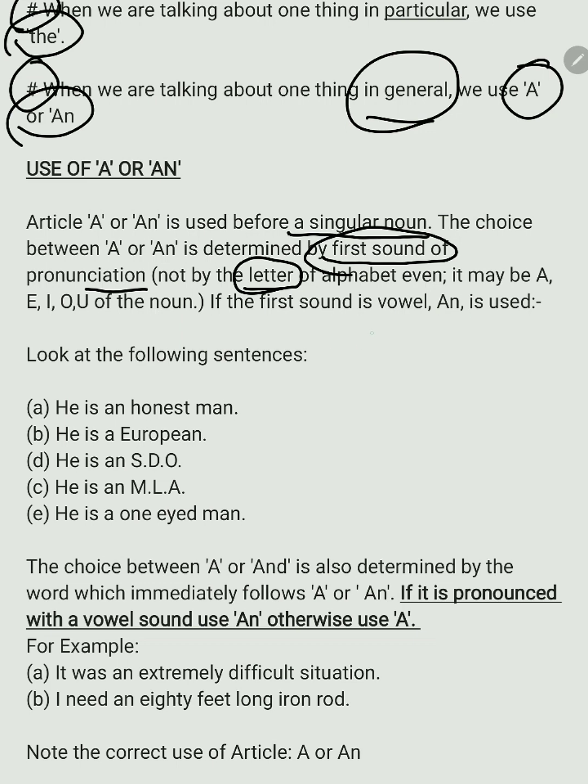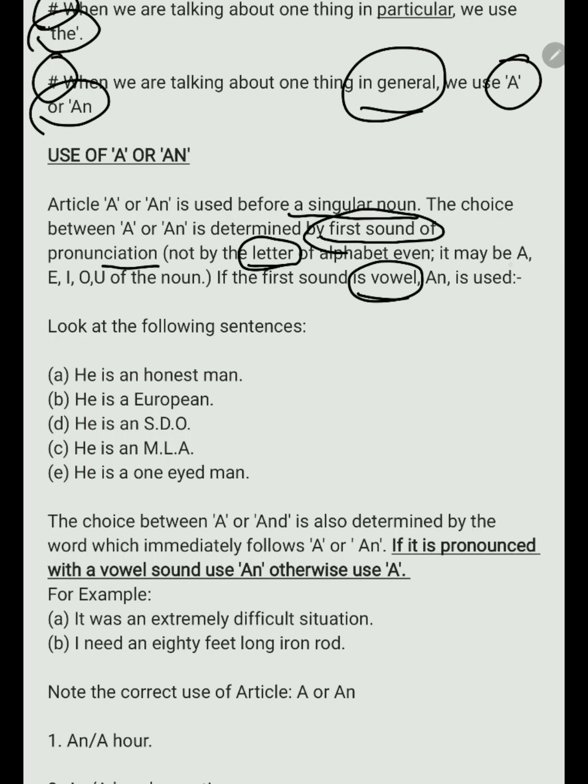Now, as we all know, the vowels are A, E, I, O, U. You don't have to focus on these particular letters to determine a or an. You have to focus on the sound. That is more important. So when you have vowel sounds, only then you have to use an.